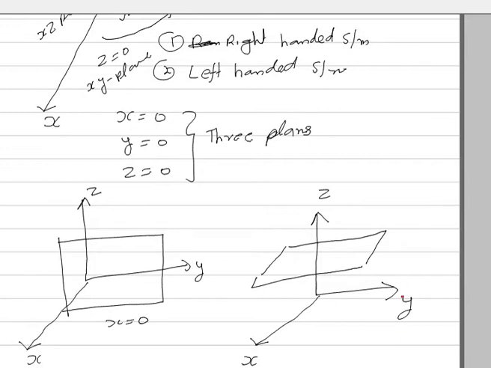Here you can give the name z equal to constant plane parallel to xy.